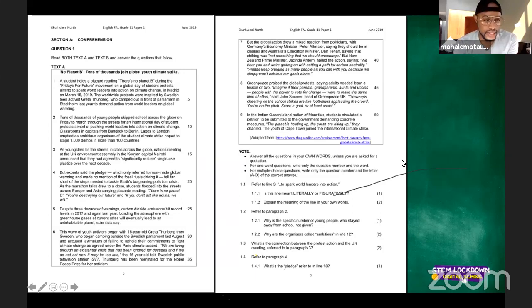Now we go to paragraph 6. "The wave of youth activism began with 16-year-old Greta Thunberg from Sweden, who camped outside the Swedish parliament last August and accused lawmakers of failing to uphold their commitments to fight climate change as agreed under the Paris Climate Accord." That is paragraph 6. Can everybody still hear me?